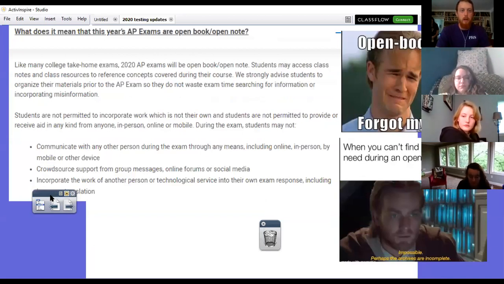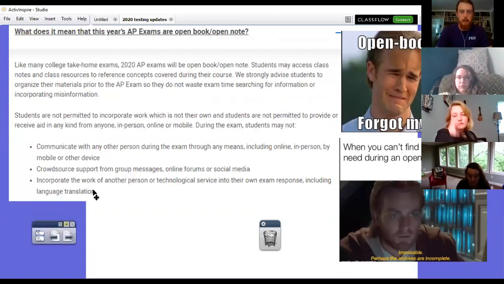Okay. This was surprising to me. The AP exam is going to be open book, open notes. So open book, at first you would be like, wow, that's great. Open book test, easy. Well, that just means that they're not going to ask you to memorize stuff, right? Now they're going to ask you to really have a deep understanding of what's going on so that you can explain that.